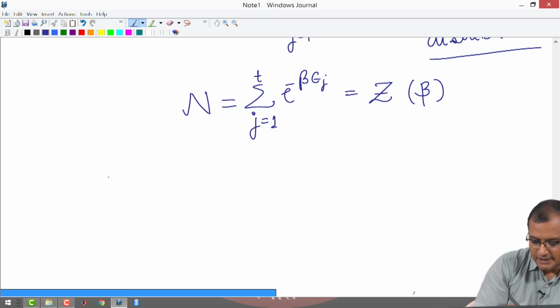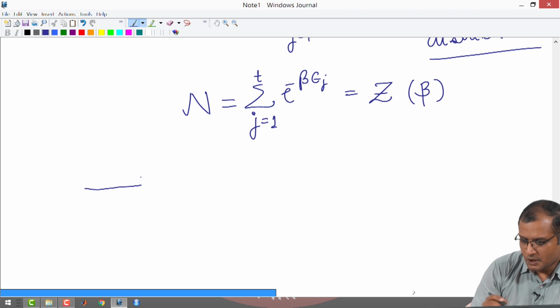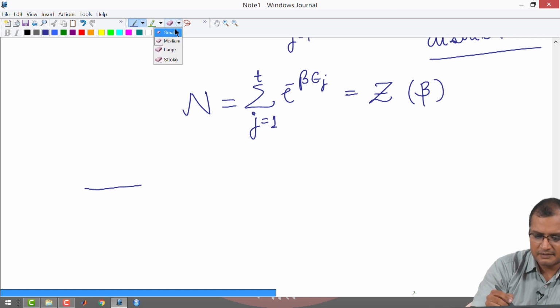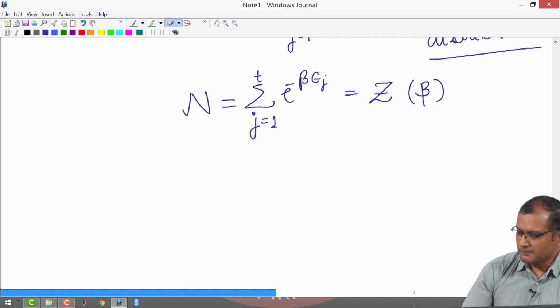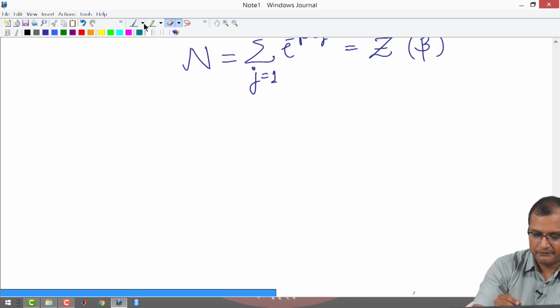Okay. So, what we saw, I am just going to summarize it. What we saw so far is basically two different types of PDF for the discrete case.